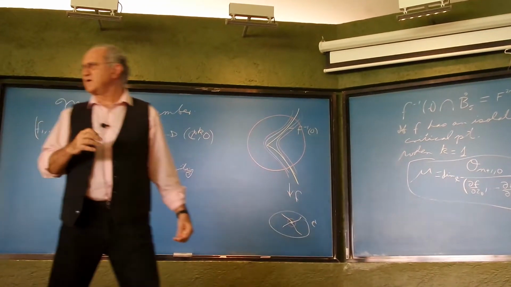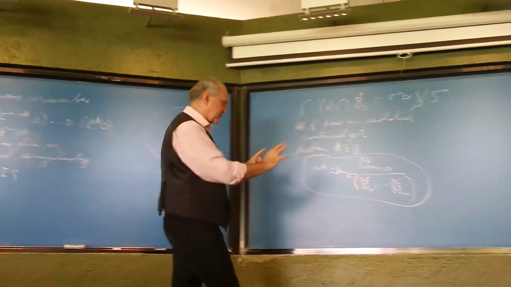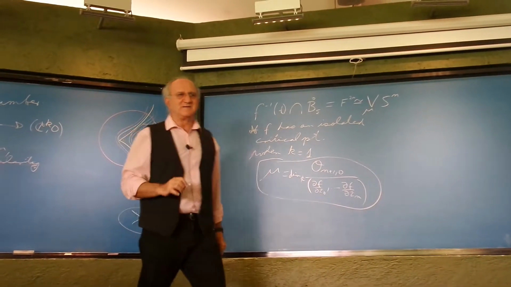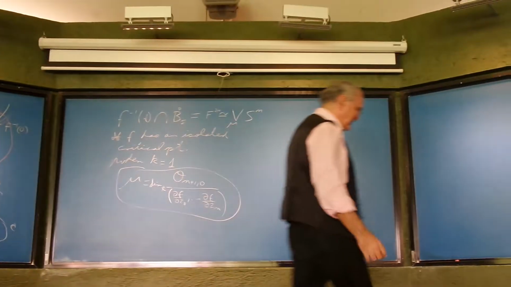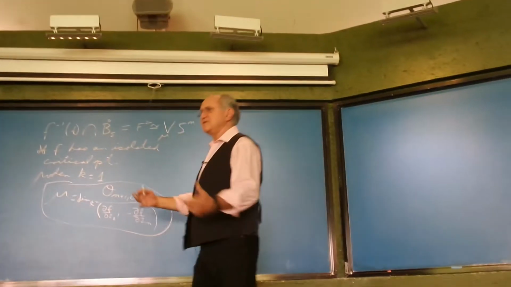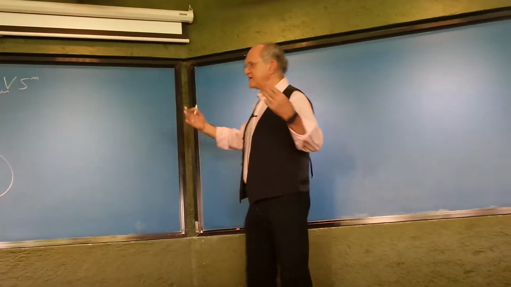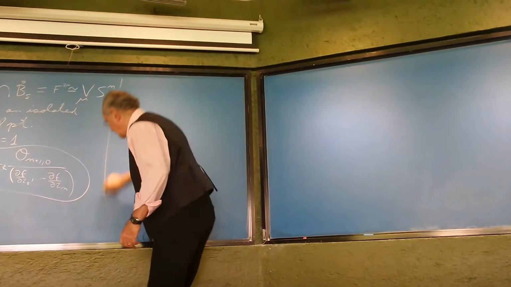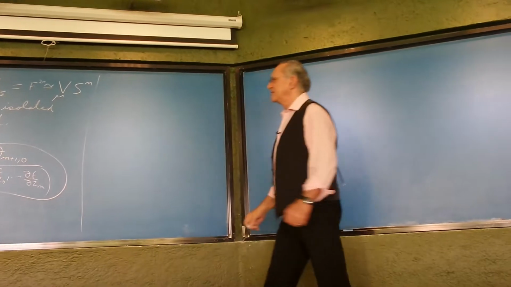It's called the Lê-Greuel formula. It is not as simple as this. I won't go into that. So this is the linear number, a very important invariant which appears in many places in singularity theory and in other subjects.